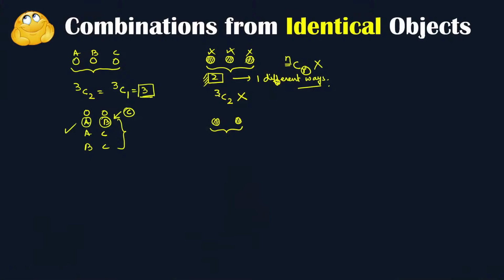Now similarly, if I ask you in how many different ways you can give me 1 chocolate, you will say, sir, again it is only one way. Because whether I give you this one or this one or this one, you cannot distinguish between these 3. I will say absolutely fine. So giving me 1 chocolate is one way, giving me 2 chocolates is again one way.